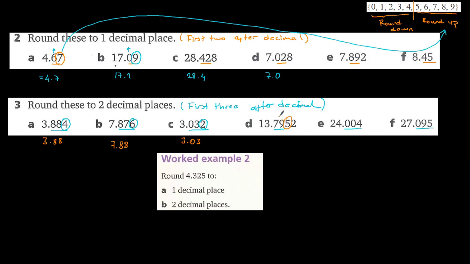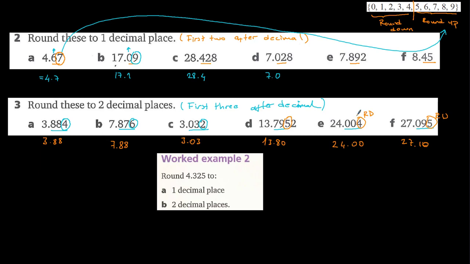This is going to be 10, which means that when this is 10, 1 unit is coming here. This is 13.80 it should be, and this is going to be the same 24.00, and this is going to be 27.10, because this one is the round up group here, and these two are the round down group.